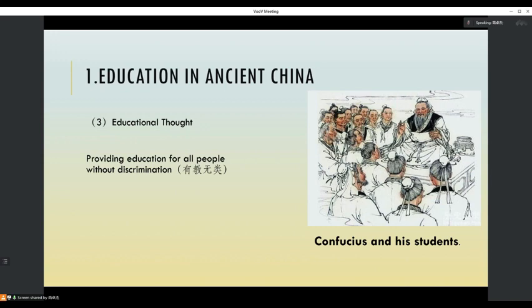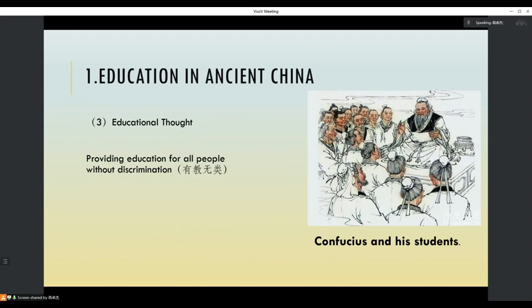Confucius had about 3,000 students, according to history. And he had 72 famous students.